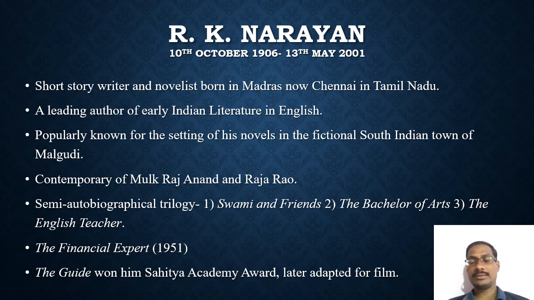So the fictional town of Malgudi was first introduced by R K Narayan in his novel Swami and His Friends. The town Malgudi reproduced the social sphere of the country and also the socio-political changes during the colonial rule, during the British rule, and even after independence.